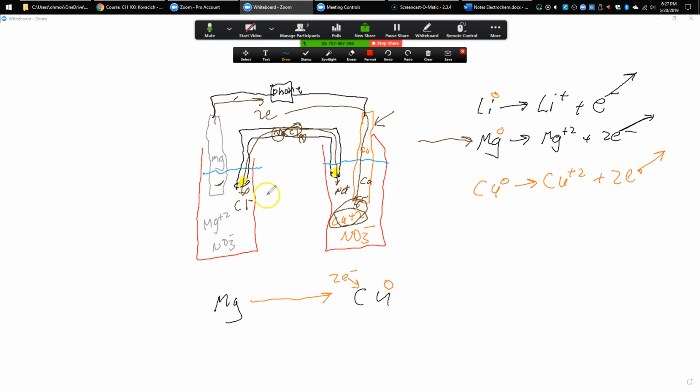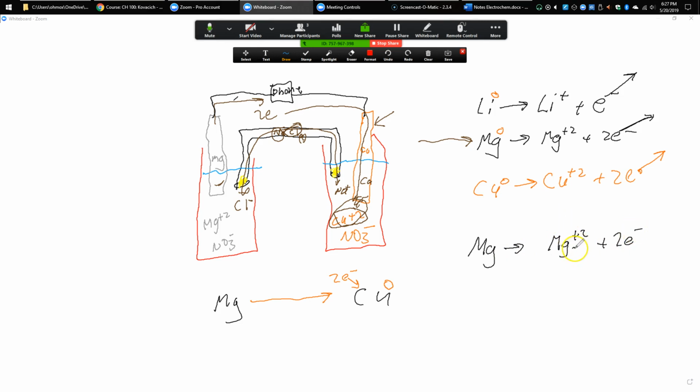Okay, so let's look at this a little bit more. You guys can see the whiteboard again, right? So in this particular reaction, what we had was the metal magnesium giving electrons to the ion copper, and the way we would talk about that is just what we wrote before: magnesium plus 2 charge plus 2 electrons.